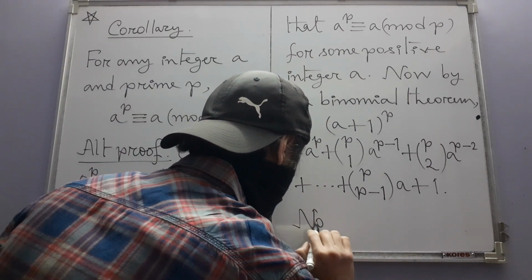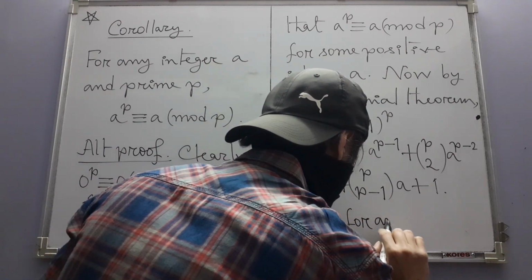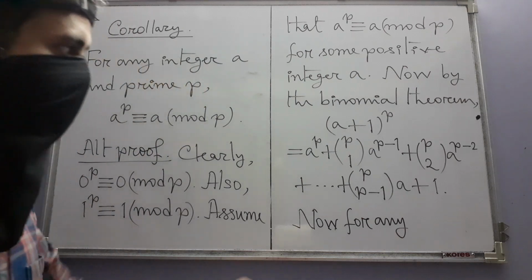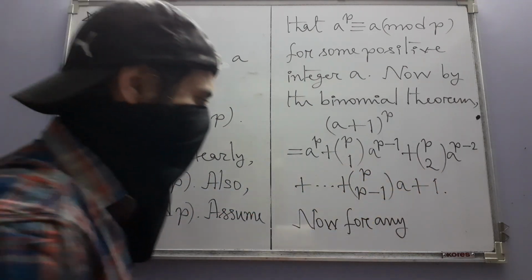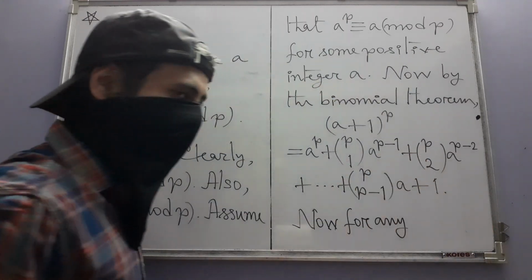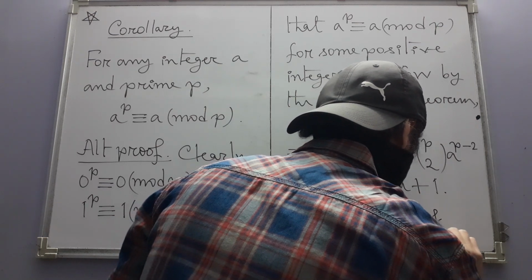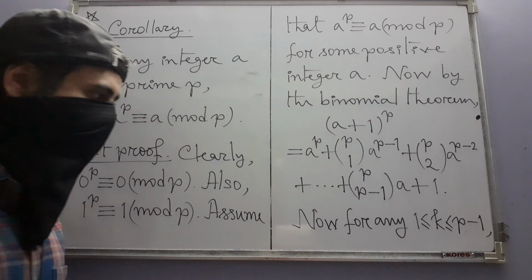Now, for any, okay, so how do you take the general binomial coefficient in this range? It's going to look like this. P choose k, where k is an integer satisfying these inequalities.